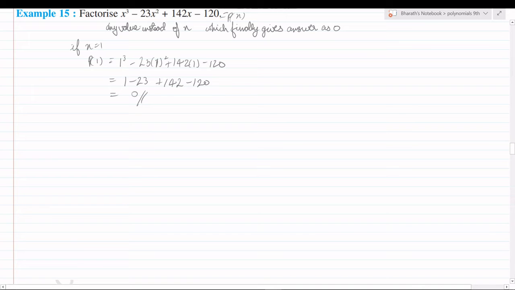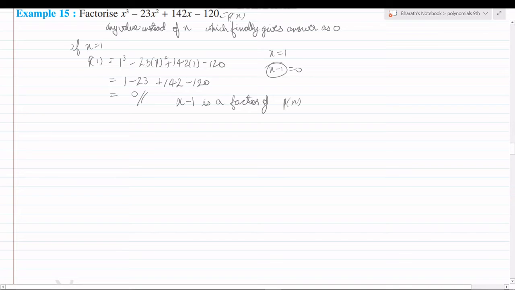So from here we get to know that x minus 1 is a factor of p of x. How x minus 1? We are assuming that x is equal to 1. So bring this 1 to this side, so x minus 1 is equal to 0. So x minus 1 is a factor of p of x.